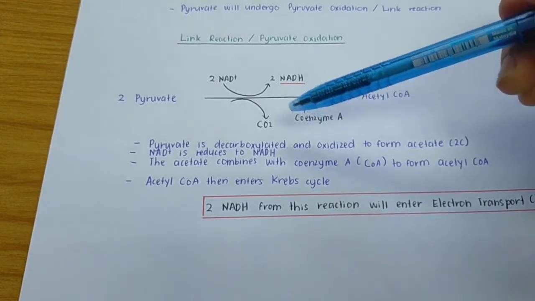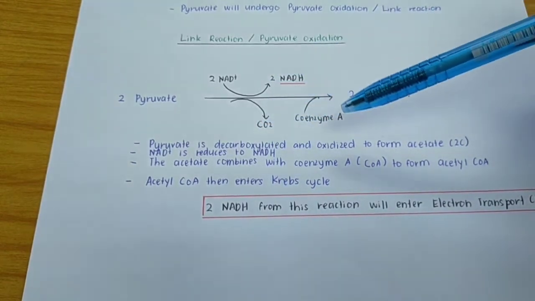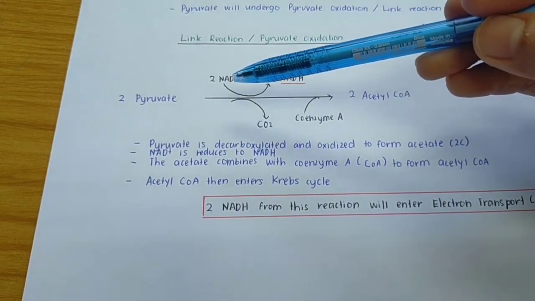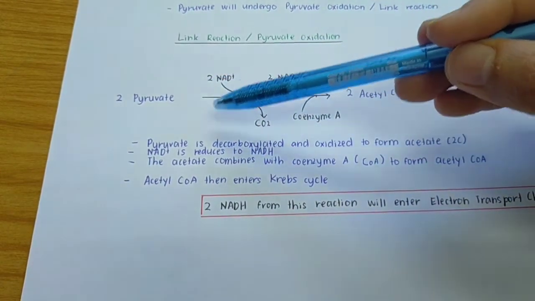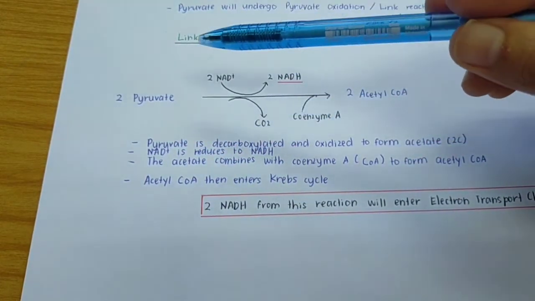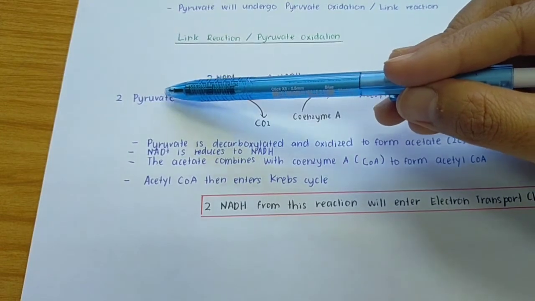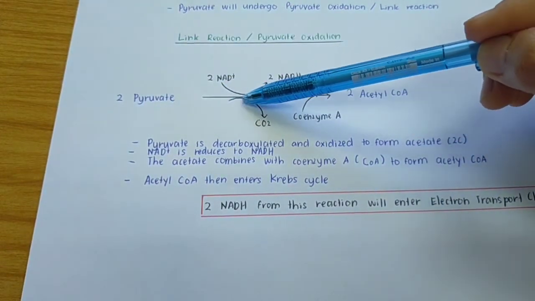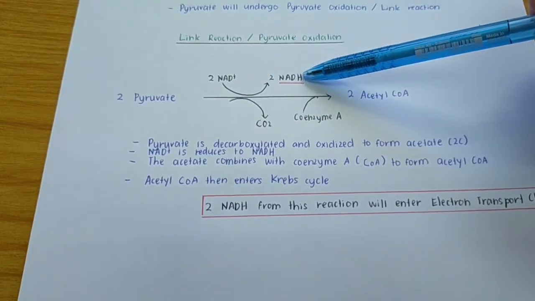Okay, since pyruvate lost electrons by the process of oxidation, what will accept the electrons is NAD+. So that's why NAD+ is reduced to NADH. Since glycolysis produces 2 pyruvate, 2 NAD+ will be reduced into 2 NADH.